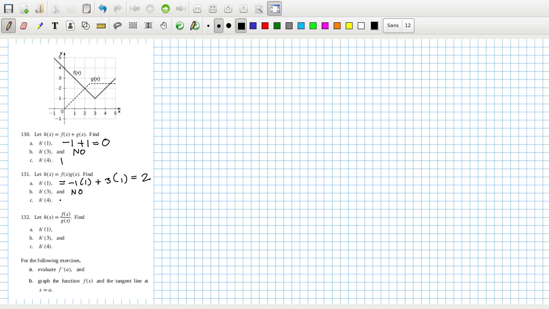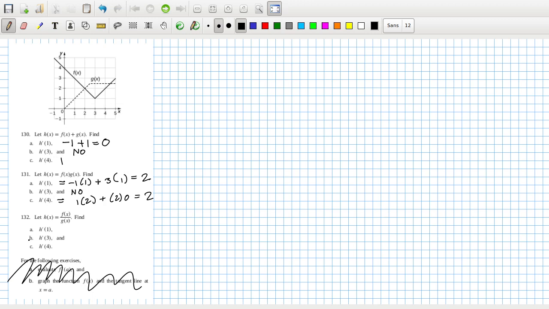And 4, that would be this one here. 4, derivative of f at 4 is 1, times g at 4, which is 2, plus f at 4, which is 2, and then the g', which is 0. So that's a 2 then.